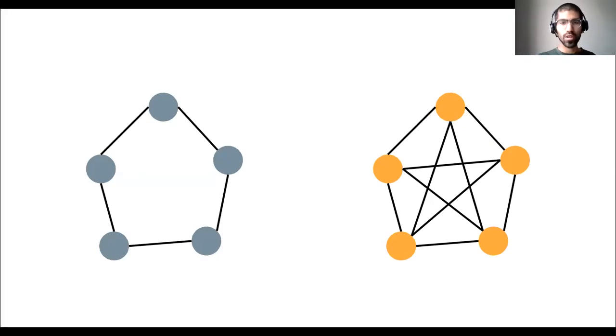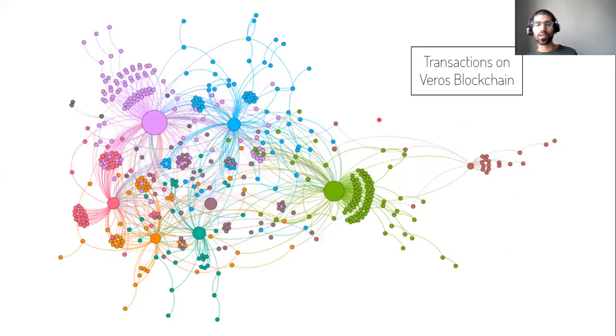Here, again, we see a real life network. This network is one where the visual is one that I created with a software that I'll link in the description. But this is a network of people sending each other money, not real money, but cryptocurrencies.